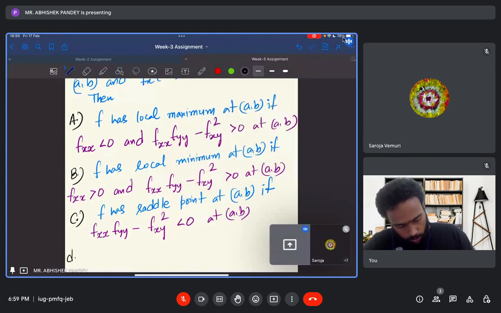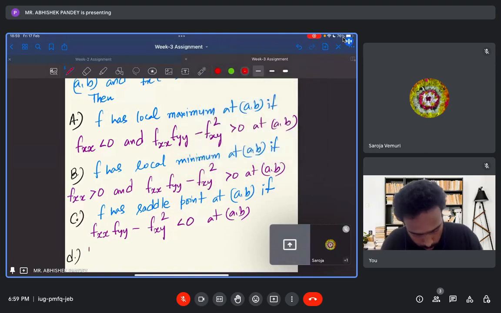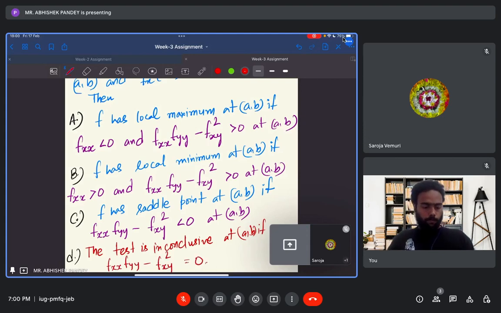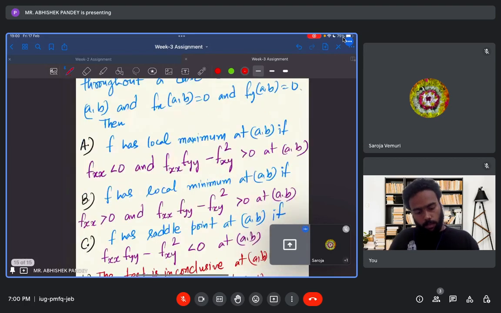In D cases, so the test is this double derivative test, the test is inconclusive at a comma b if this thing is 0. Okay, at a comma b. Is it clear? Okay. Clear, sir.